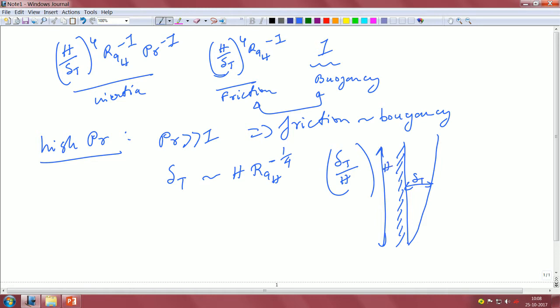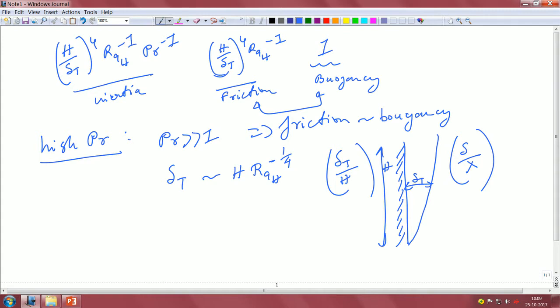This is the same type of thing that you would see in your flat plate boundary layer in forced convection, where it was delta by x. In that case, the plate was oriented in the horizontal direction and the flow was forced in nature. So, delta t by h and delta by x represent the slenderness ratio. Here the slenderness ratio essentially scales as Rayleigh number to the power of minus 1/4.